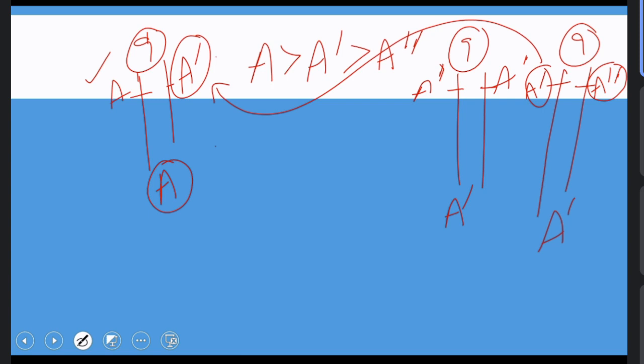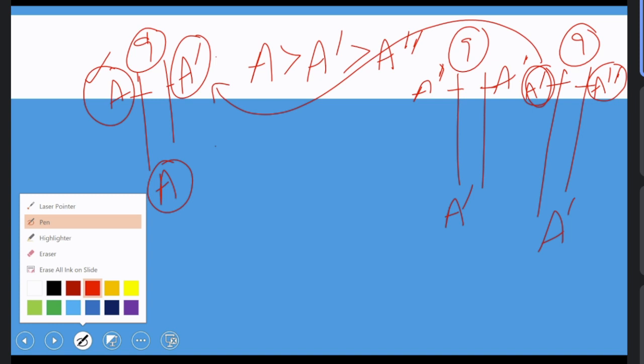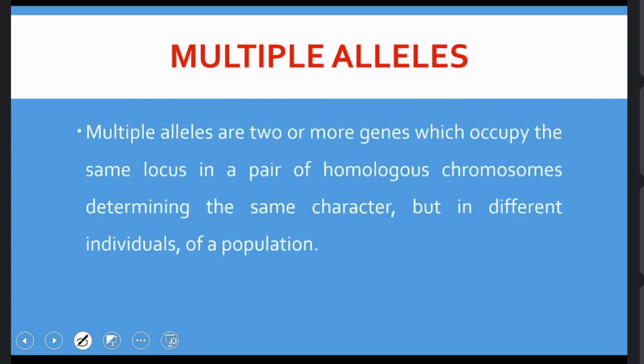So the same gene can act as recessive to its wild type and as dominant to its mutant gene. So here we cannot call all these dominant genes. Sometimes it acts as dominant and other times it acts as recessive. Okay? Clear? Yes, sir.